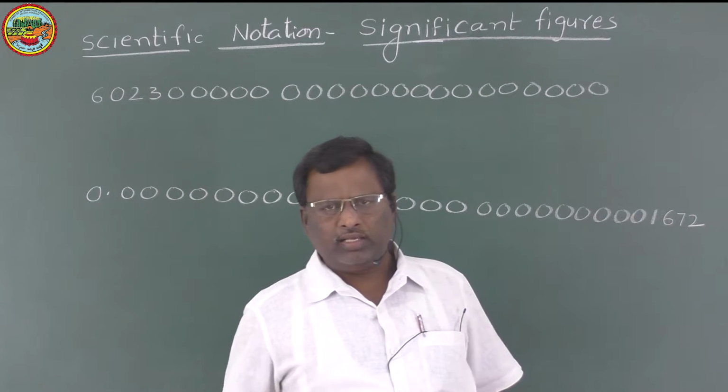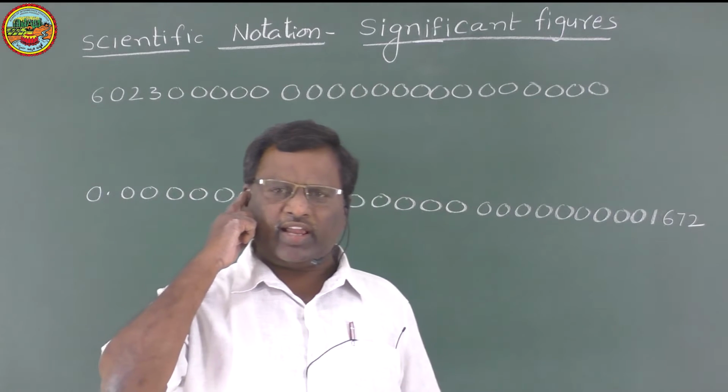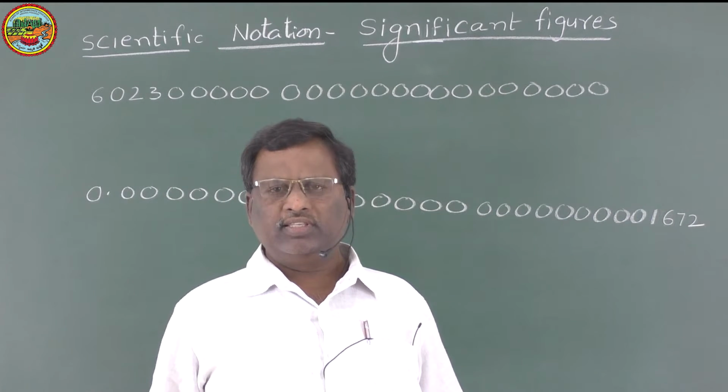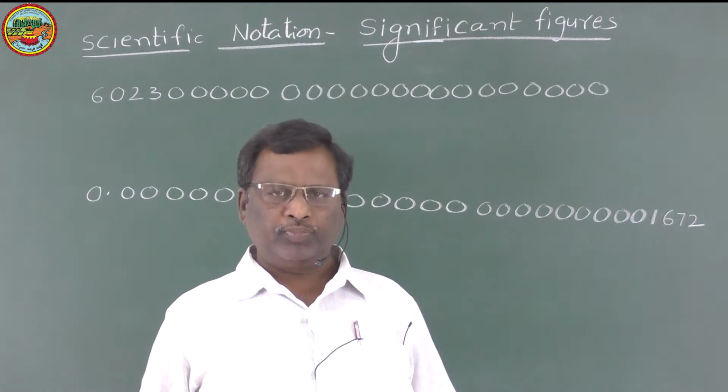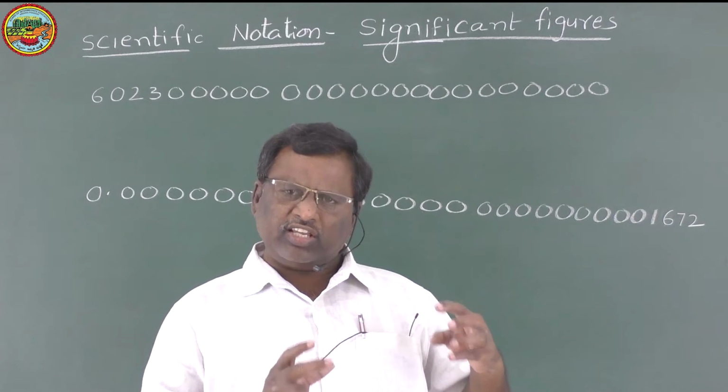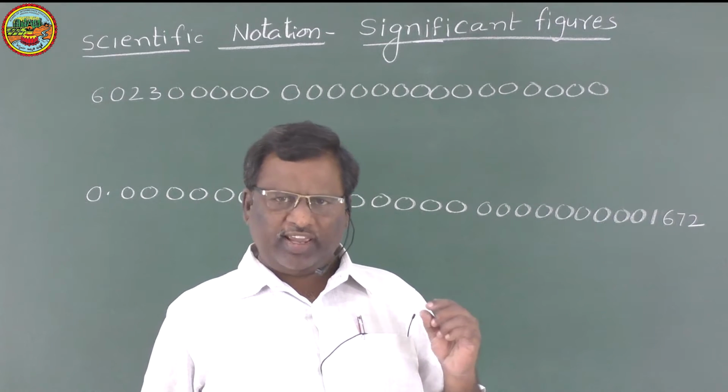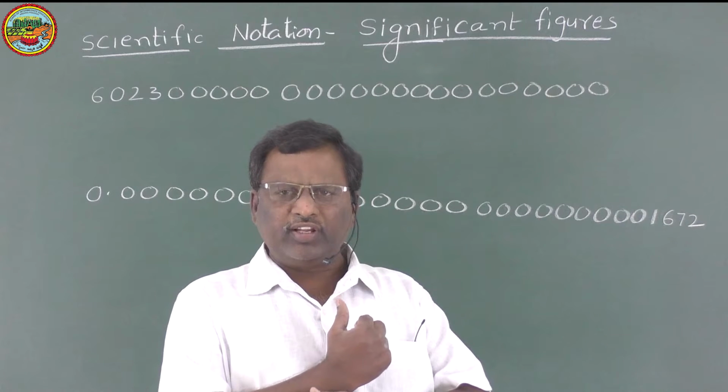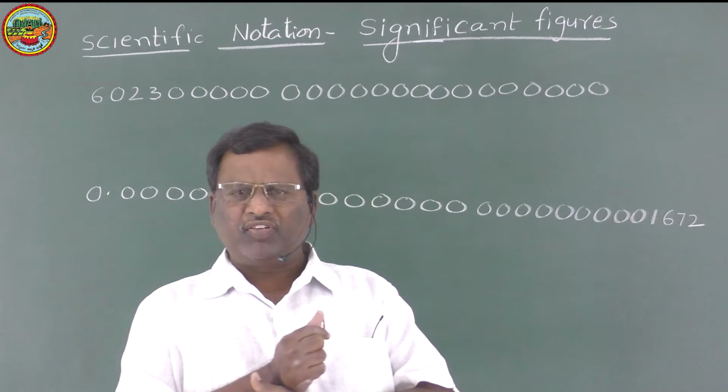So these are the difficulties that we have in expressing certain things in chemistry. It is very easy for us to express in a scientific mode, that is in the form of powers.